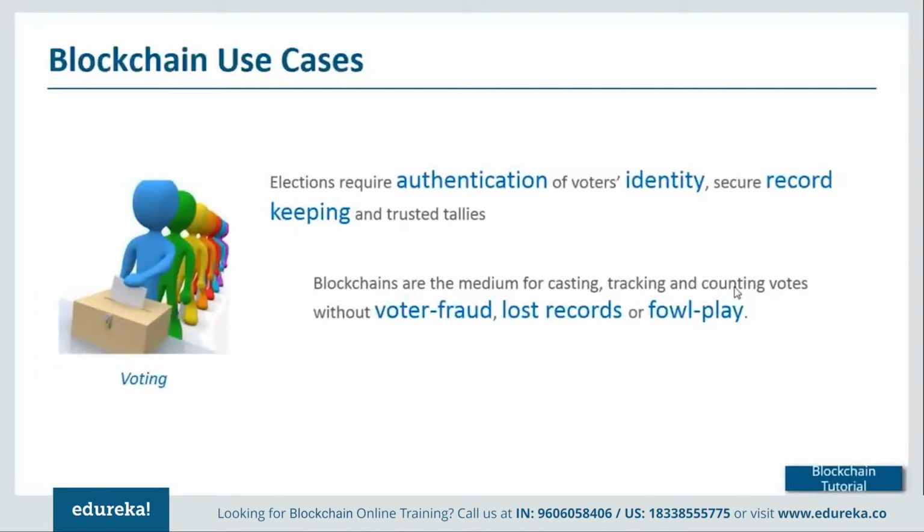Apart from this, it ensures that no vote fraud happens and no loss of records takes place. As I have mentioned, any transaction that gets added to the blockchain becomes a permanent part of it, and you cannot modify it, thereby ensuring that voter fraud or any other kind of foul play does not take place.